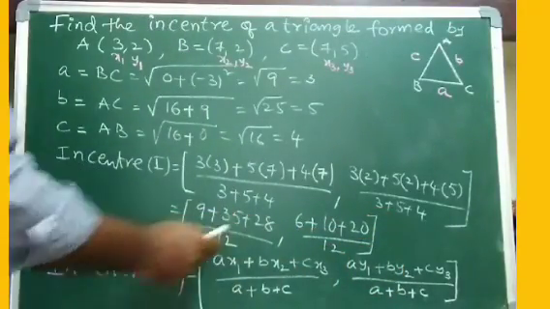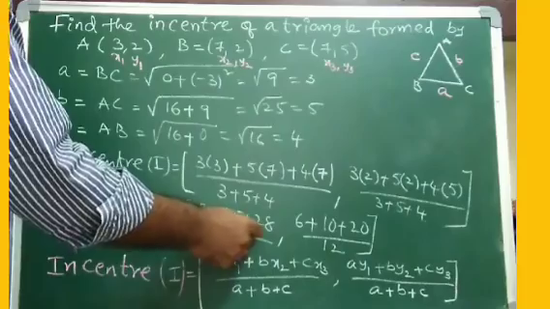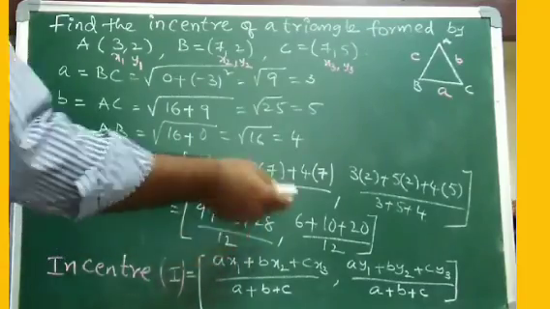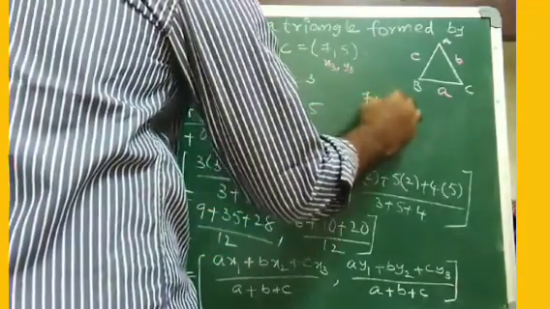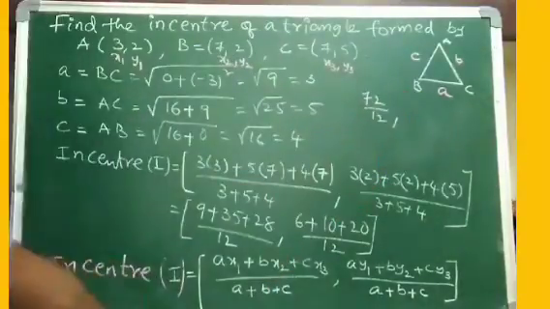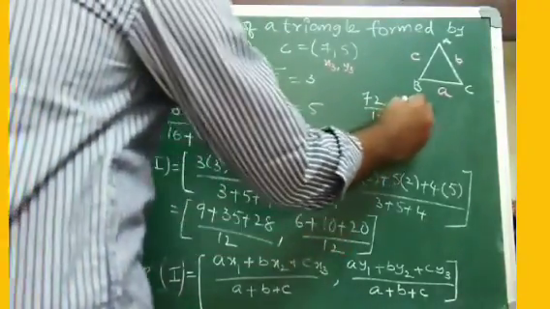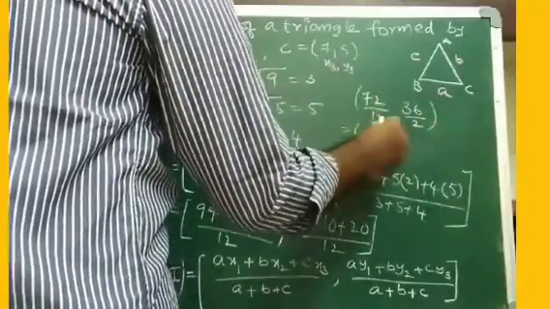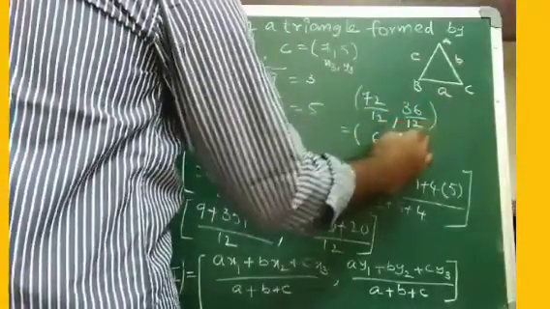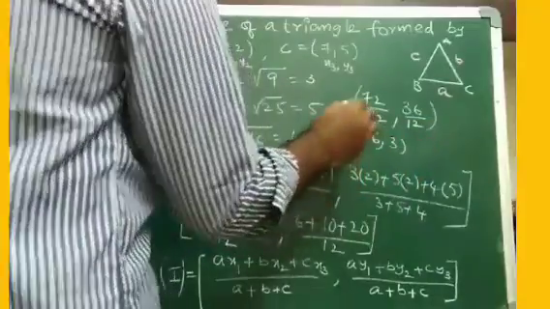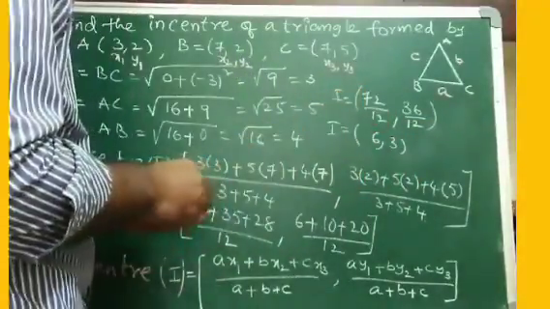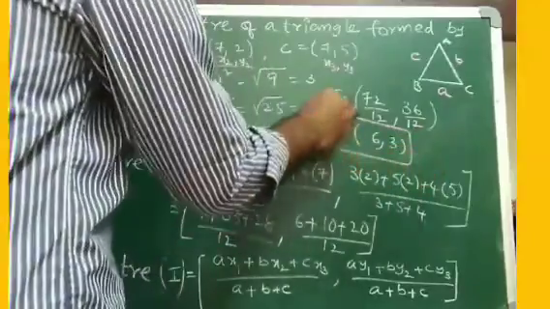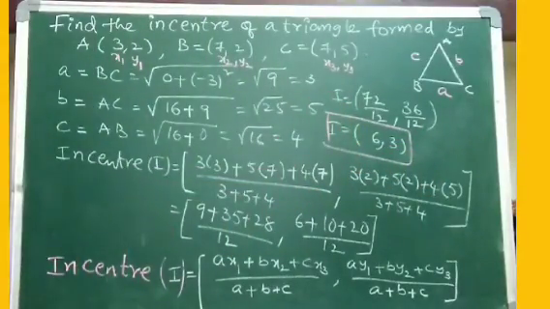Let us add this: 9 plus 35 is 44, plus 28 is 72, so 72 by 12, comma, 36 by 12, which is 6 comma 3. Hence, the incenter of the triangle formed by the given vertices is (6, 3).